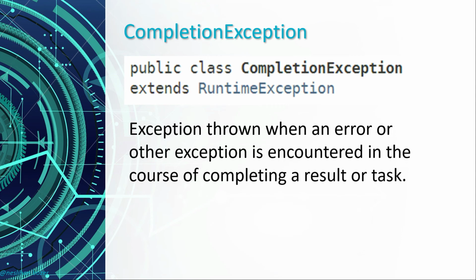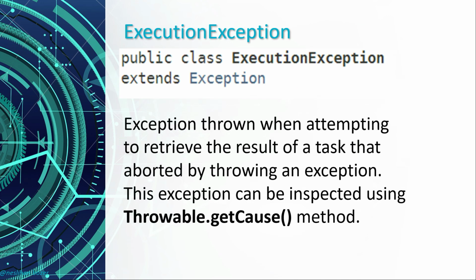CompletionException is thrown when an error or other exception is encountered in the course of completing a result or task. ExecutionException is thrown when attempting to retrieve the result of a task that aborted by throwing an exception. This exception can be inspected using the Throwable.getCause method.